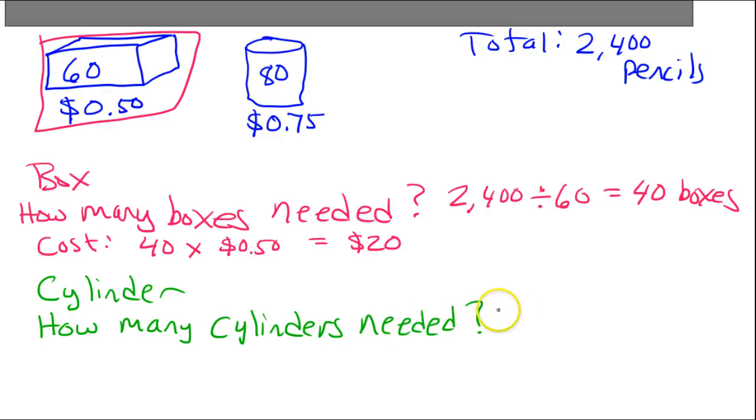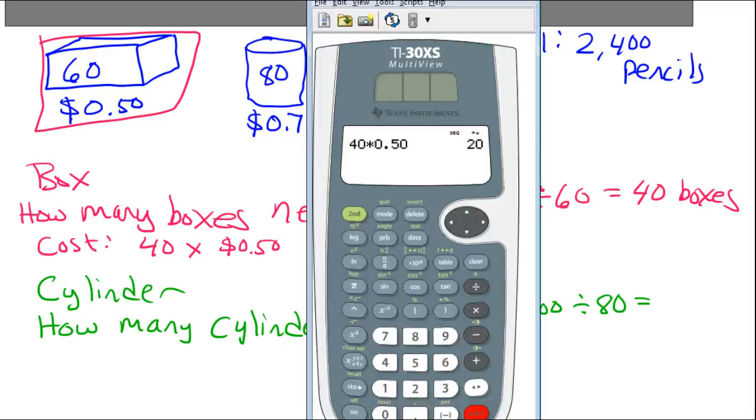We take the total number of pencils, 2,400, and divide by 80 this time, because however many times 80 goes into this number, that's how many cylinders it would take.